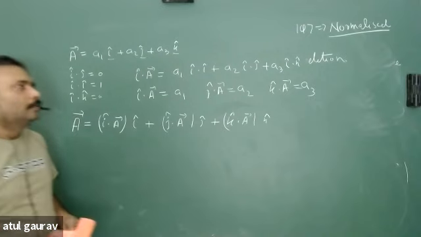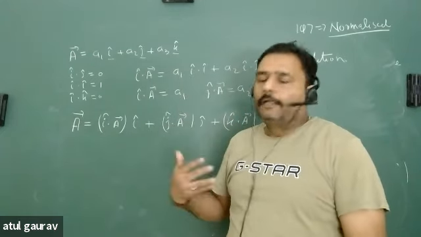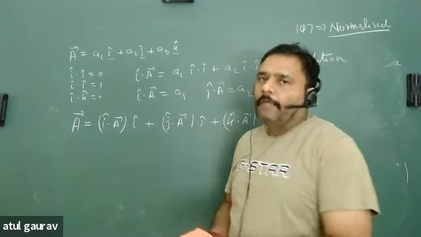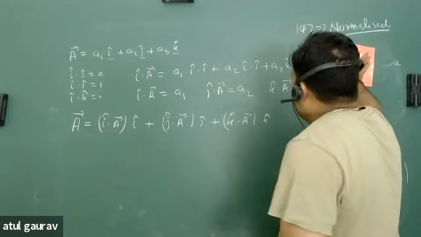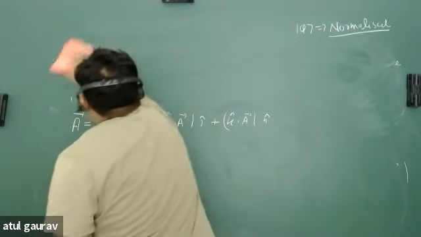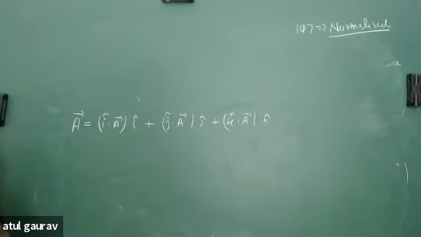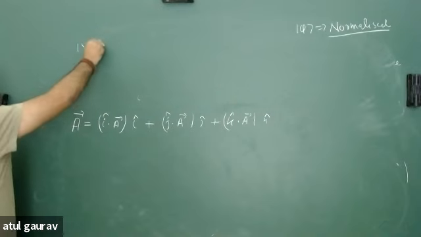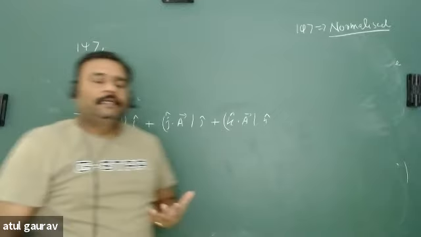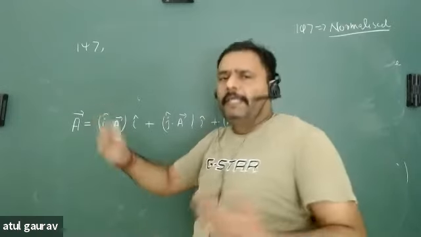Now let's try to do the same thing for Dirac notation, or the vectors which are used in Hilbert space. It's very interesting. Suppose I have any vector psi, and I just want to write psi in a basis of phi 1, phi 2, phi 3, up to phi n.